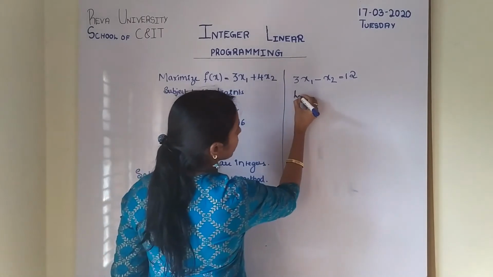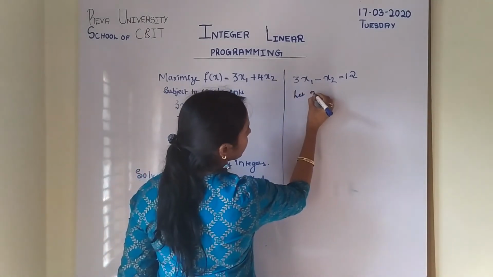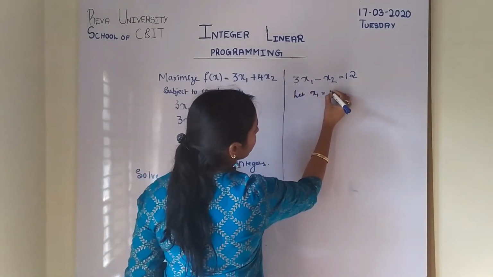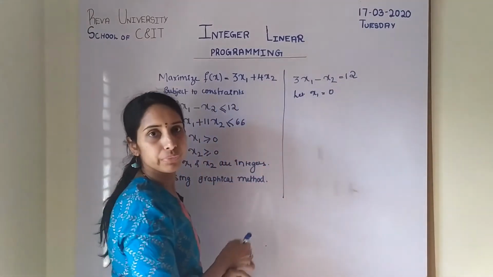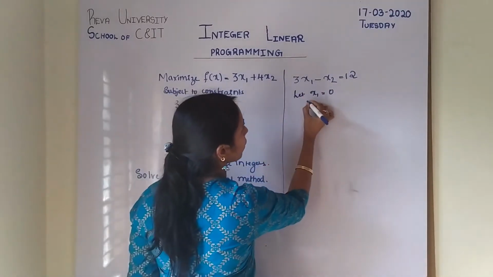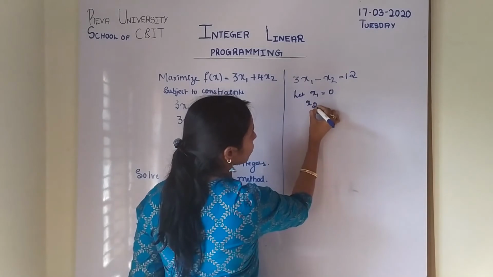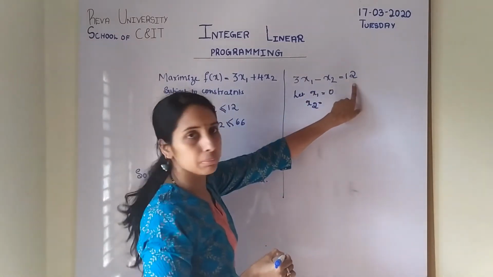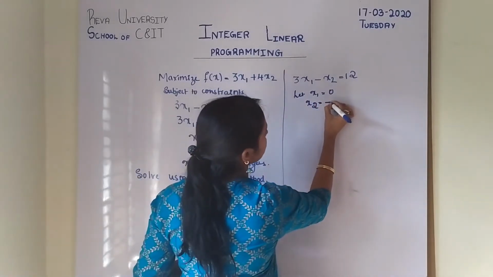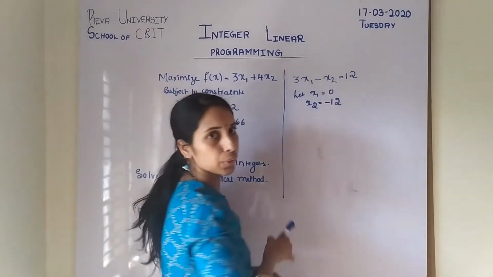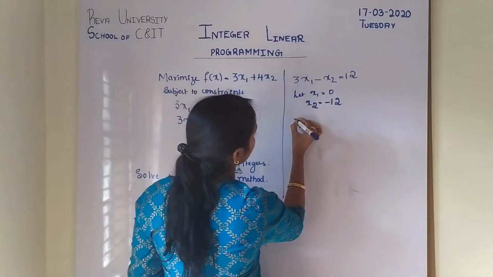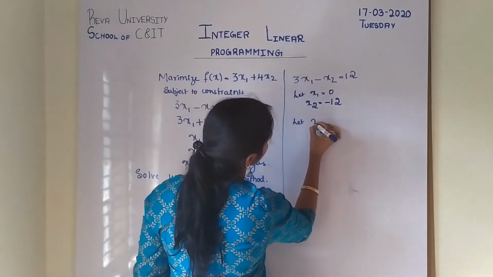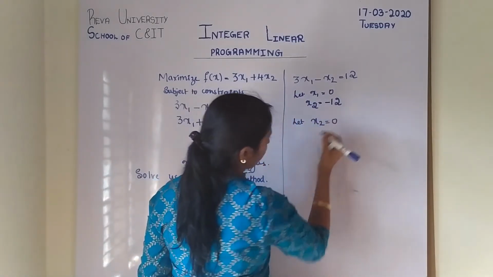In this equation, let us consider x1 equal to 0. If x1 is equal to 0, what is the x2 value? Since we have a minus symbol here, x2 will be minus 12. Next, let us consider x2 equal to 0.